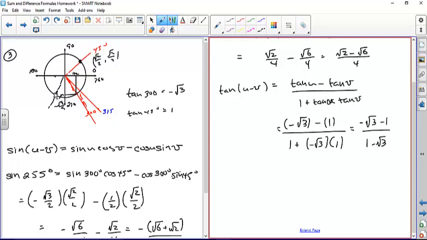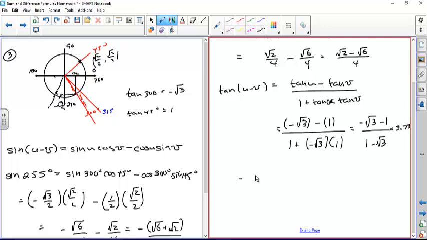And the tangent's positive in the third quadrant, and 255 is in the third quadrant. So I should get a positive number, and I get positive 3.732. And if I take the tangent of 255, make sure the calculator's in degrees, which it is, I'll get 3.732. Okay, so I did do that right.